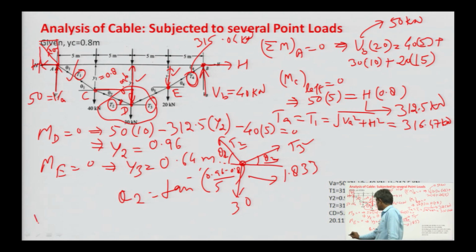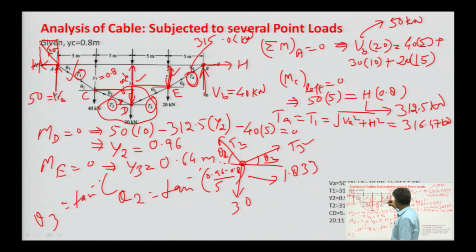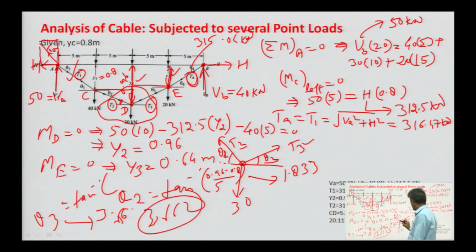Similarly, the value of theta 3 will be tan inverse of 0.96 minus y3, where y3 is 0.64, divided by 5. We get the value of theta 3 as 3.662. We then apply Lami's theorem at this point.